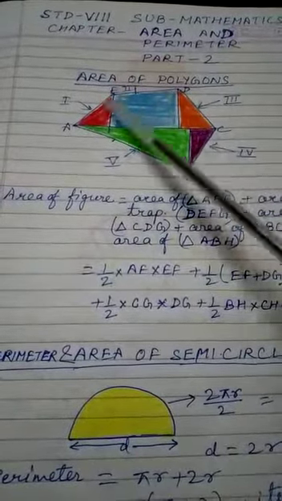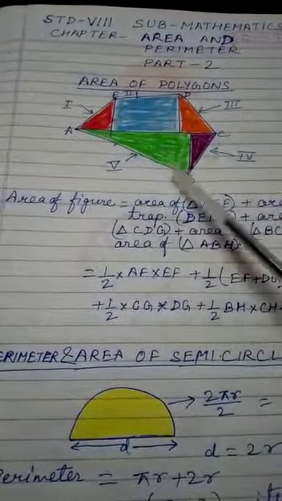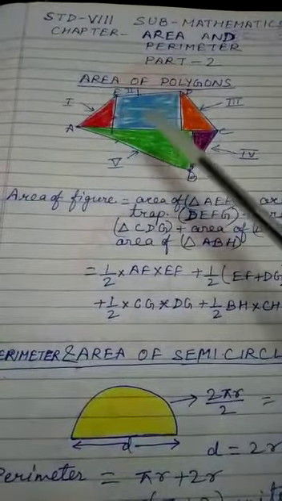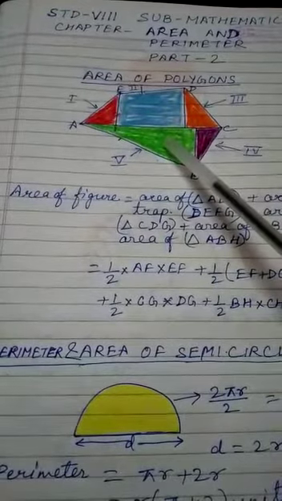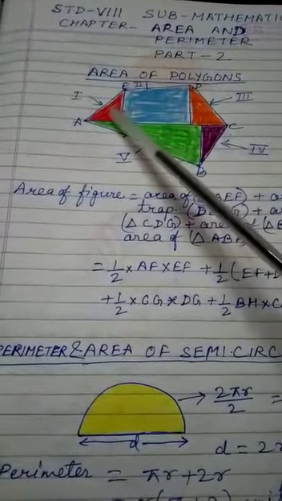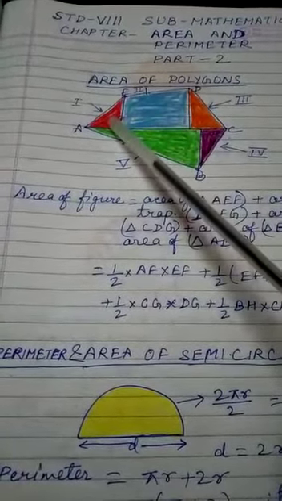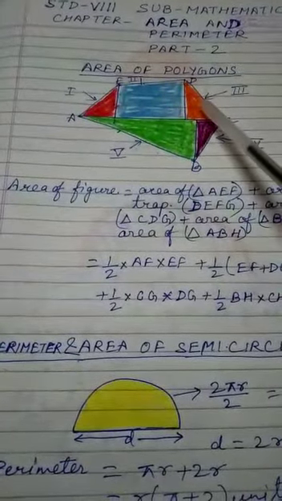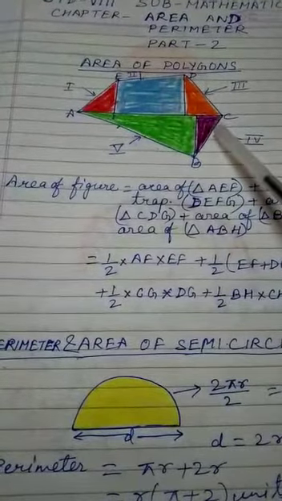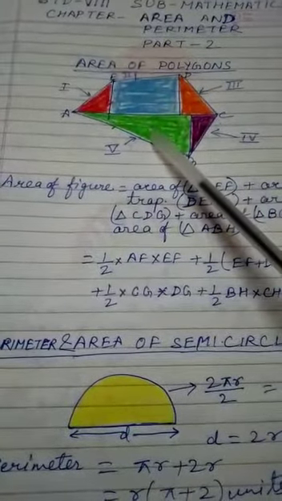Here we are having a polygon A, B, C, D, E, which is being divided into 5 different shapes. Here area 1 is of triangle, second one is of trapezium, third one is again triangle, fourth one is again triangle, fifth one is again triangle.